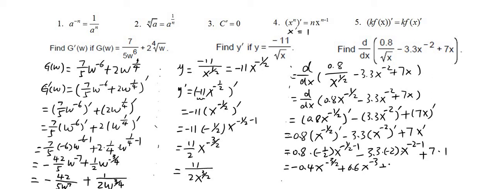The last one is 7. Again, we have negative exponents, which means we can put them in the denominator and just change the sign of the exponent. Put in the exponent 3 over 2, and plus 6.6 x to the power 3, or x cubed, plus 7. Okay, that's it.